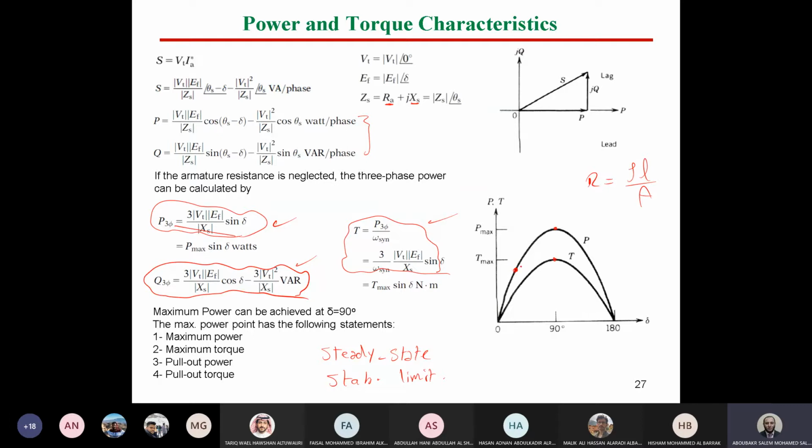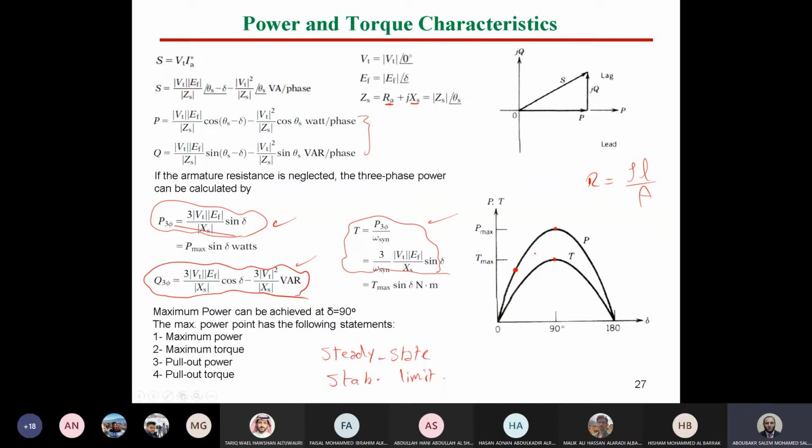If the power system by itself returns back to operate at the same operating point again after this disturbance, we can call this system stable. And if the system could not return to the same operating point and deviates to other values, in this case we can call the system unstable.